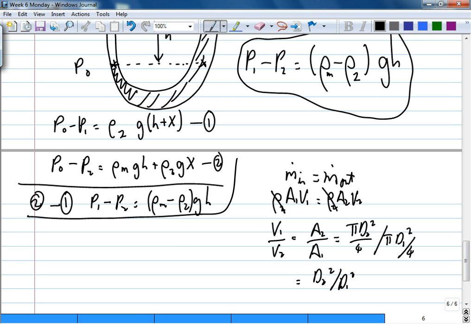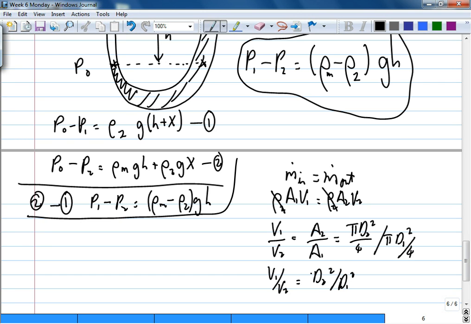Is that right? So in terms of diameter instead of area, and diameter we do know. Okay so far?